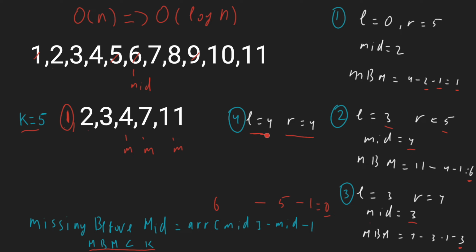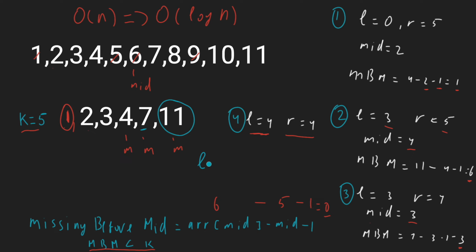What can we tell at this point? At this position, when our index is equal to 4, we have at least k elements missing in our array.